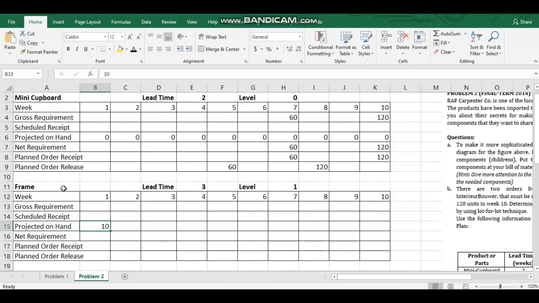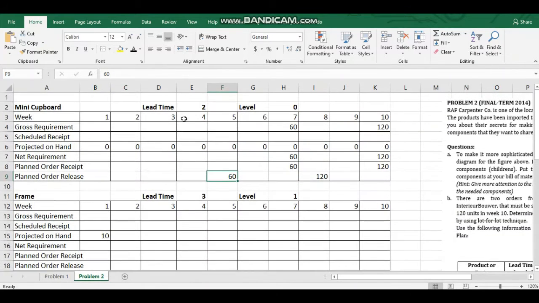For the gross requirement for level 1, it follows the planned order release of the mini cupboard. So level 0, the mini cupboard, has planned order release in week 5 and week 8. This will be our gross requirement for level 1.